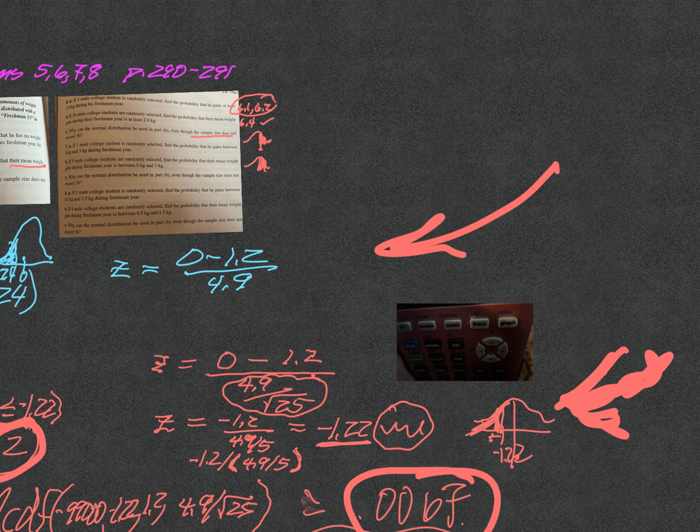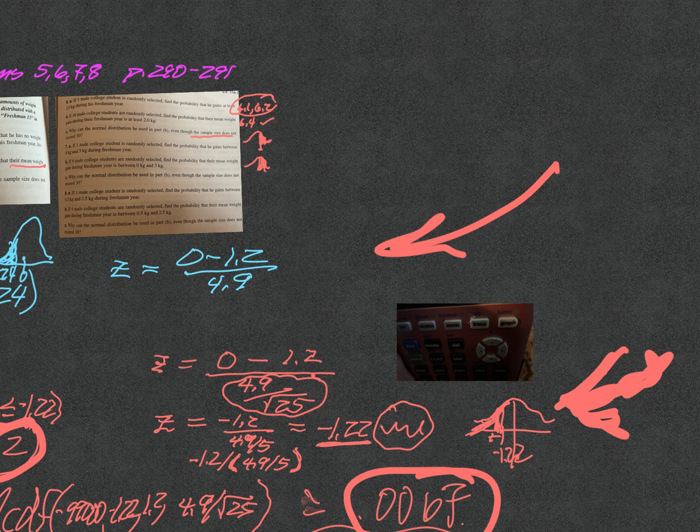We're going to do number 7, all right? One male student, and he gains between 0 and 3 kilograms. That's the one we're doing, okay?